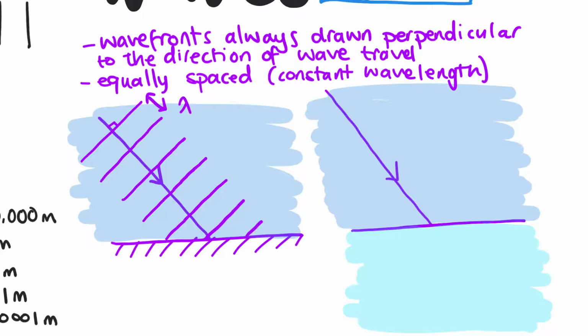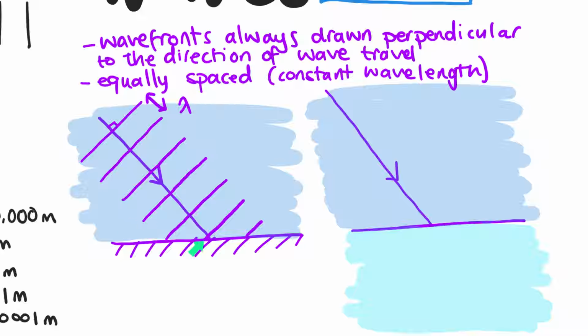What we're going to do here on this diagram is complete any of those wavefronts that are not fully drawn. You'll notice that the first few wavefronts we have here are all complete, they're all the same length, and they're all equally spaced, including this one as well.